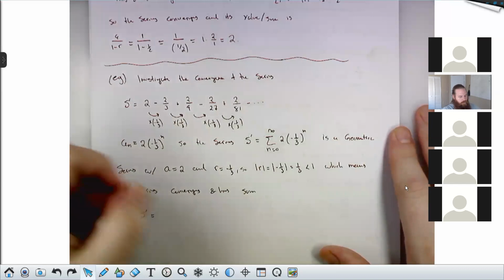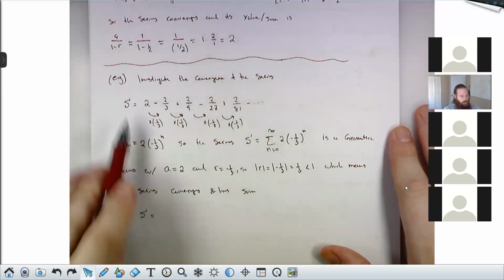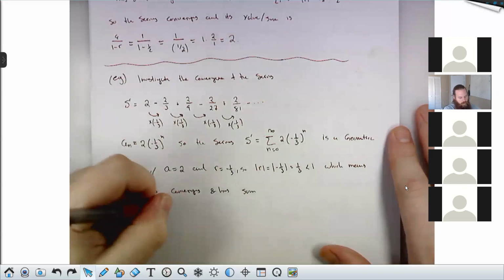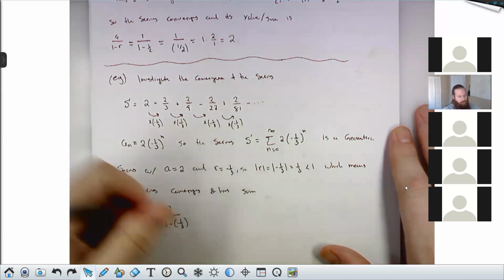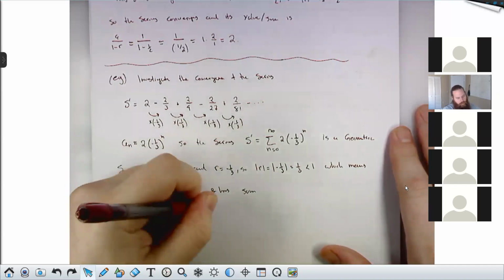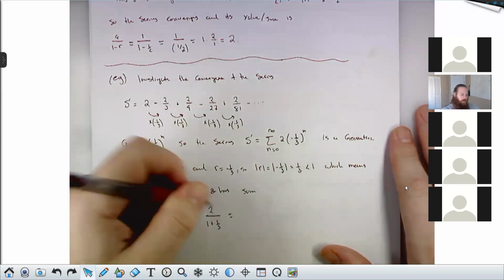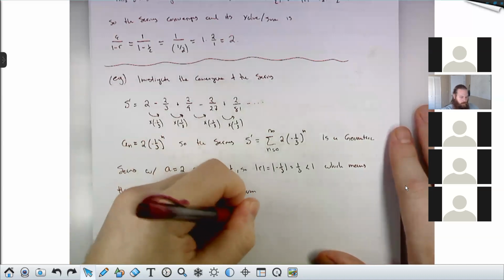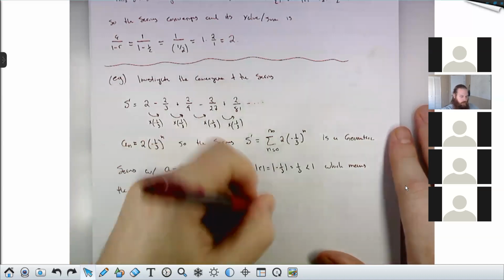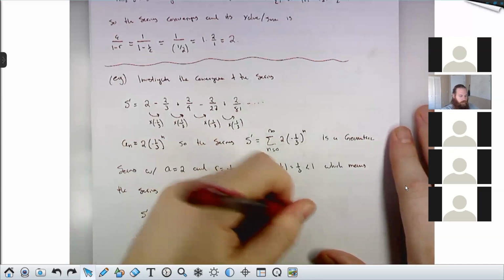S equals, well, what's the starting term here? It's 2, divided by 1 minus the common ratio, that's 1 minus negative 1/3. So that's 2 over 1 plus 1/3. 1 plus 1/3 is 4/3, so that's 2 over 4/3, or 2 times 3/4.